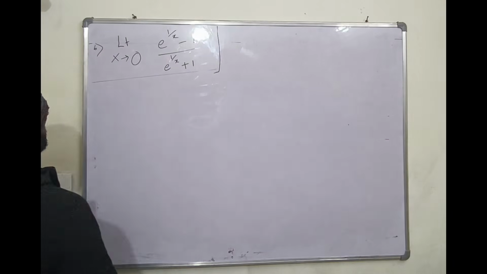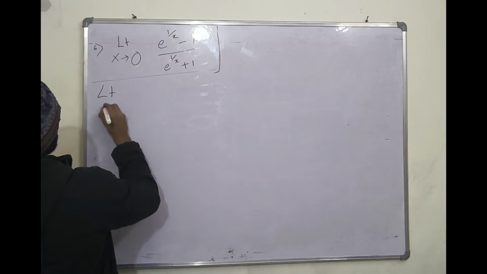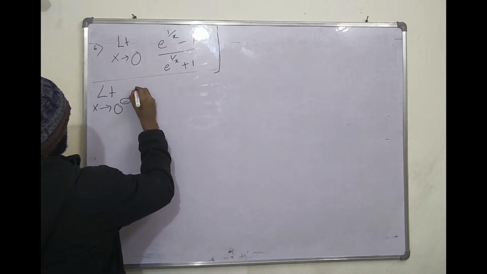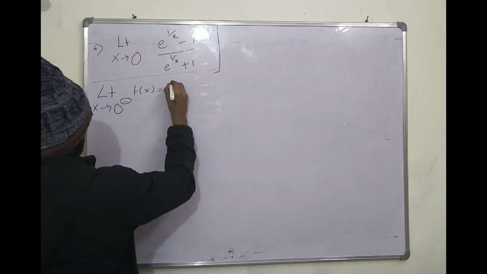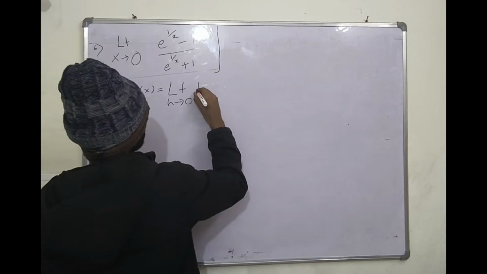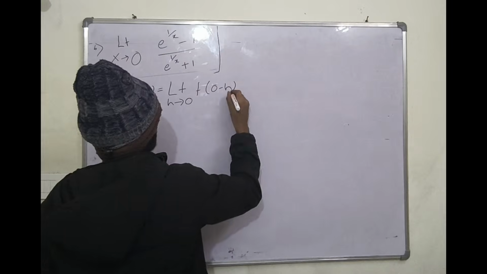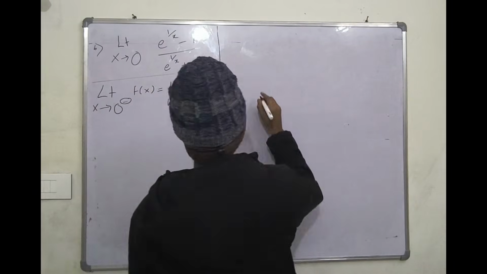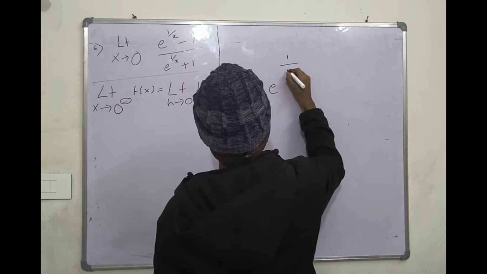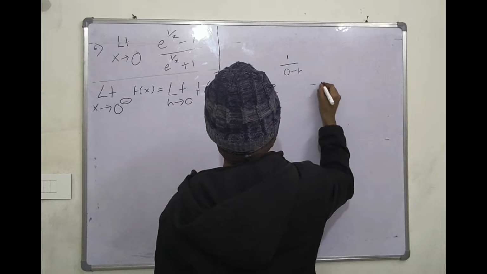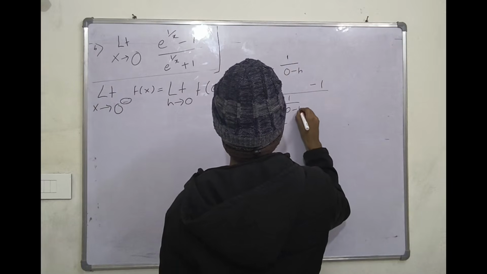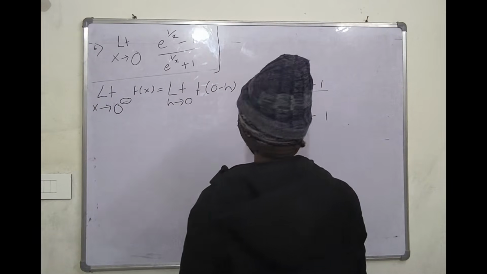So let's try to find the left hand limit. Limit x tends to 0 minus of f of x equals limit h tends to 0 of f of 0 minus h, which equals (e power 1 by (0 minus h) minus 1) by (e power 1 by (0 minus h) plus 1).